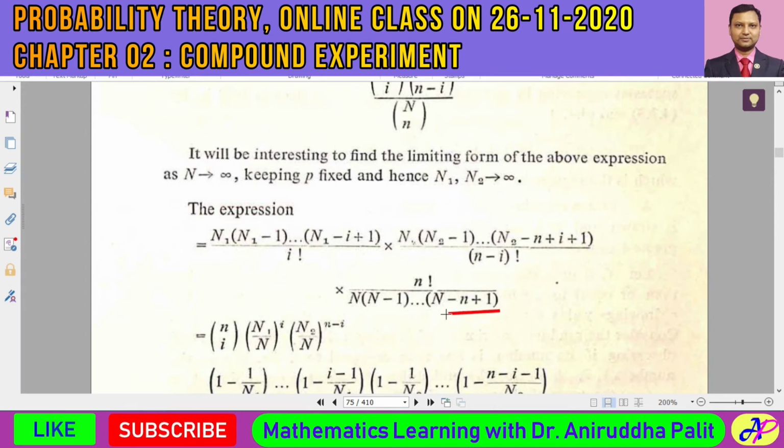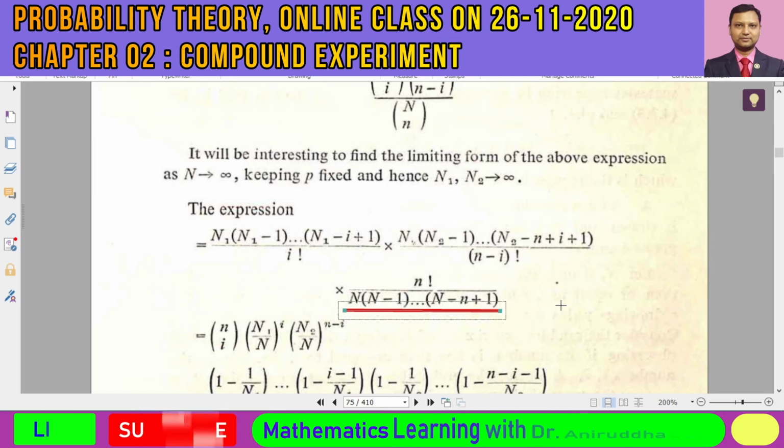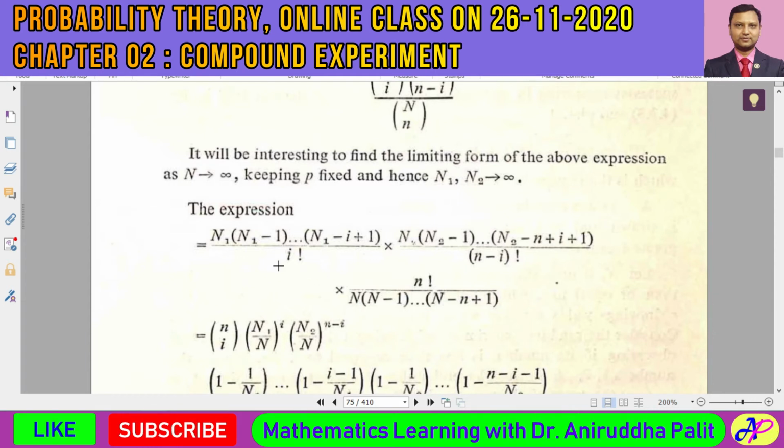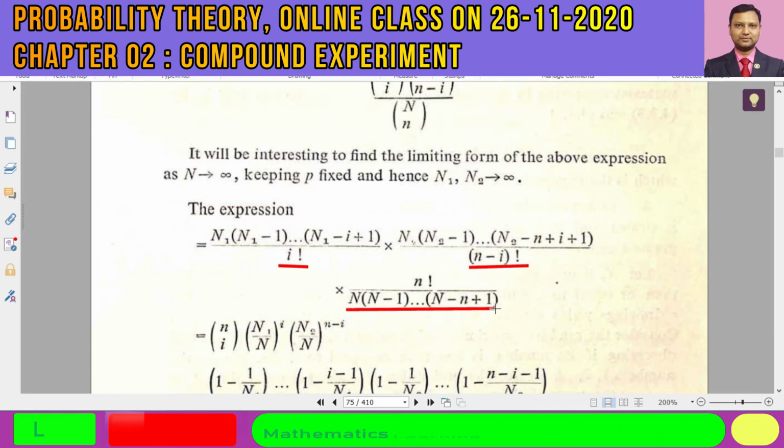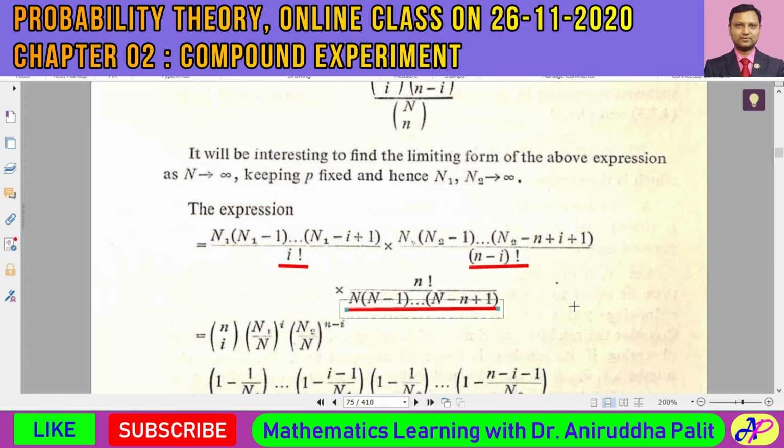So altogether in this denominator we have total capital N small n number of terms. Over here we have i number of terms, over here n minus i number of terms, and altogether we have small n number of terms in this denominator.